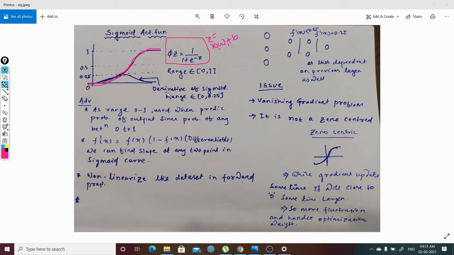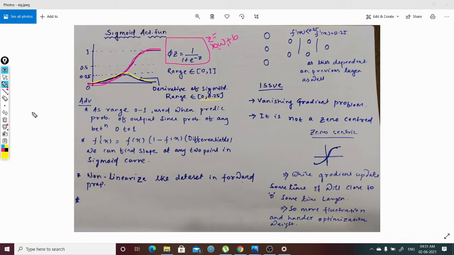Also, we need the derivative, as we have already discussed while doing backward propagation. We need the derivative of activation functions and the loss function in order to optimize our weights. So this is the derivative of the sigmoid function, which basically ranges from 0 to 0.25.